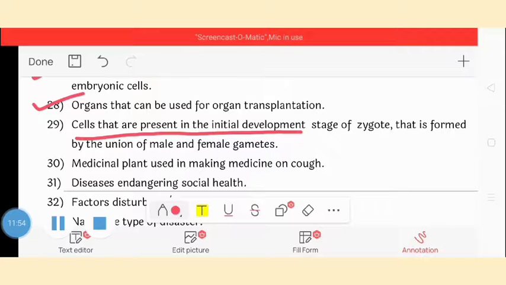So the embryonic stem cells are present in the initial developmental stages.